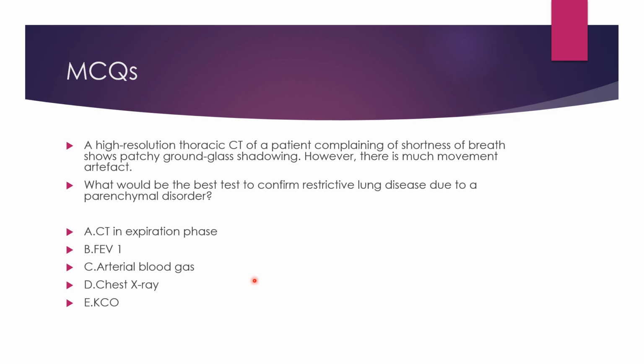They will give a lower TLCO with an increased KCO. You won't be able to answer such difficult questions, because usually the TLCO and KCO go hand in hand, but there are some exceptions where the KCO is more and the TLCO is normal or reduced, which is mainly the restrictive lung diseases caused due to abnormality in the pleura, chest wall, or neuromuscular apparatus. So go through the previous video to understand this question.